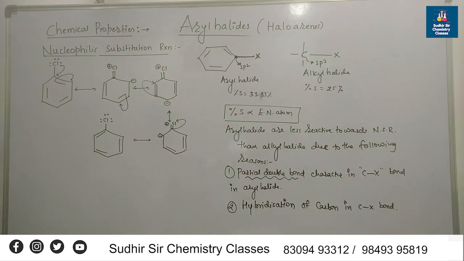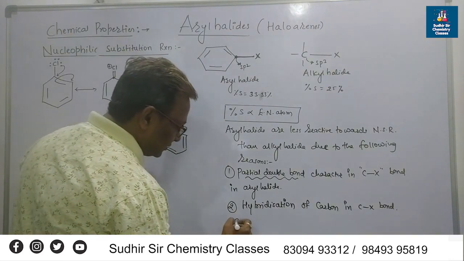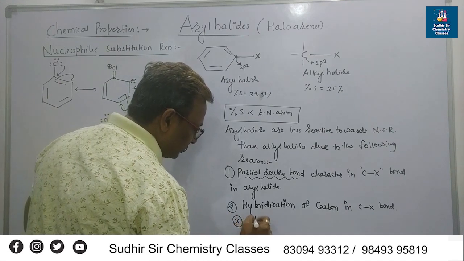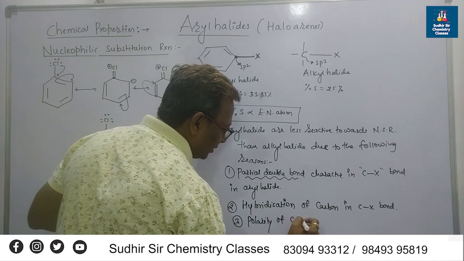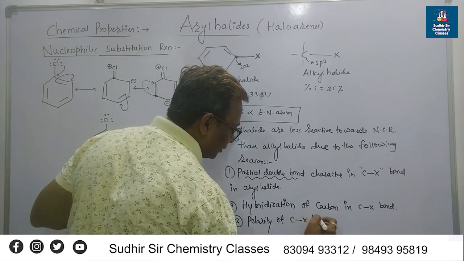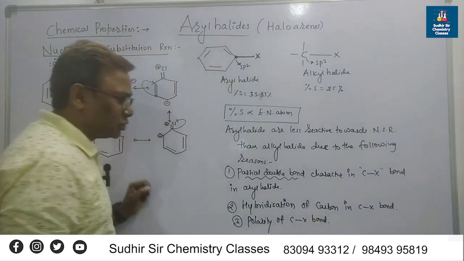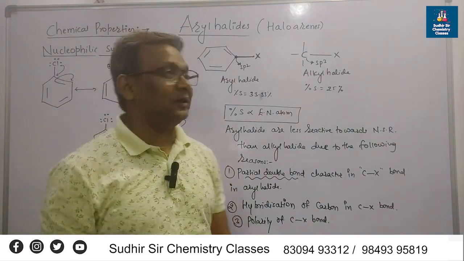One more reason: polarity of the carbon-halogen bond. Third point, we can see the reason: polarity of the carbon-halogen bond. Now if I ask you which one has more polarity?